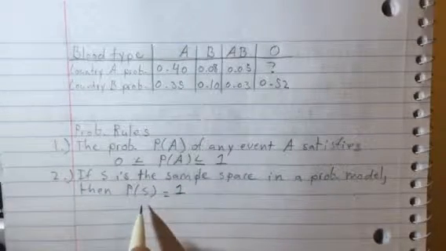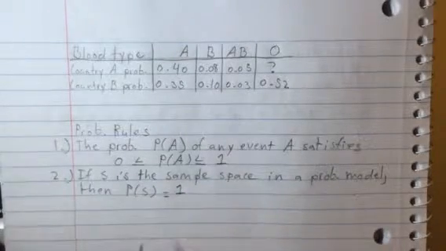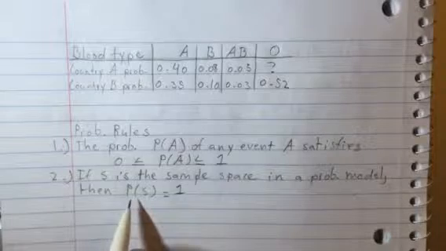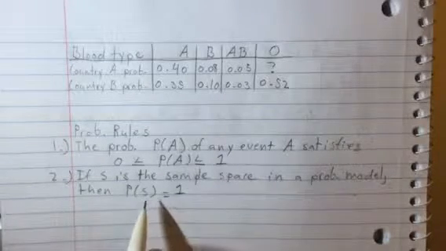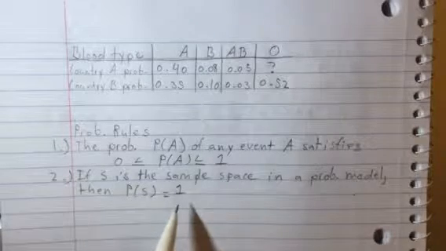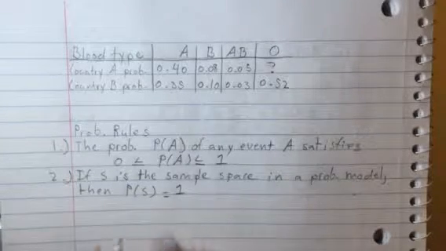S indicates the sample space here. In other words, the sample space is the total number of outcomes, and so the total number of outcomes in each probability model should equal 1.